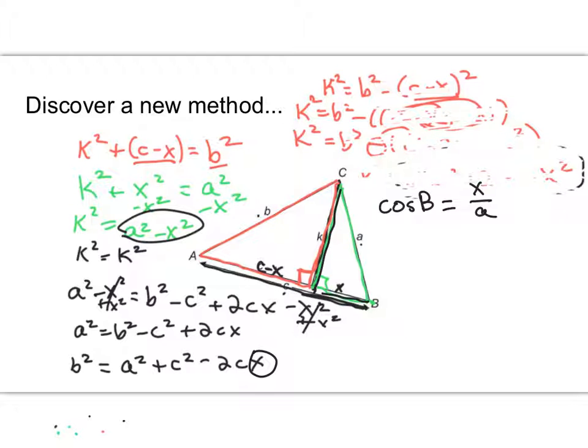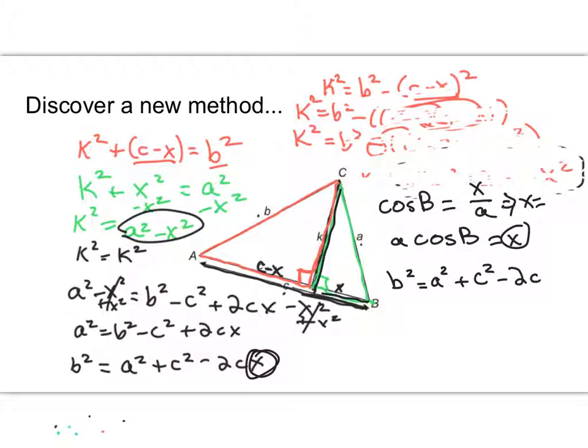And if I solve for x, that means that x equals a cosine b. I can go ahead and replace this x in here with a cosine b. Then I'm going to clean that up a little bit.